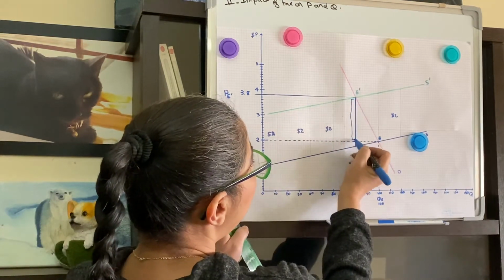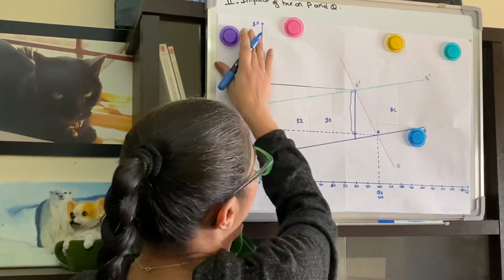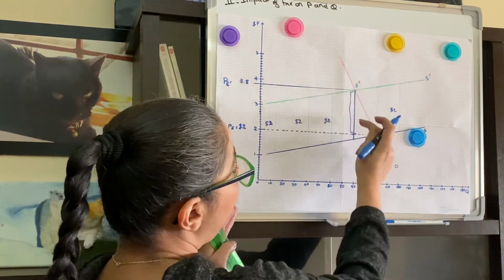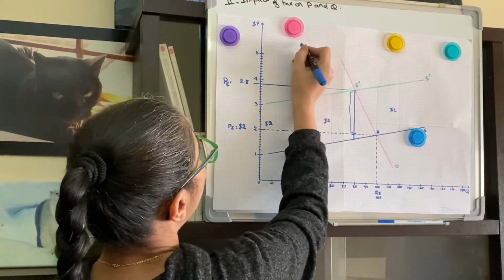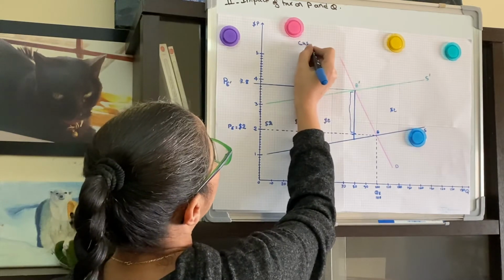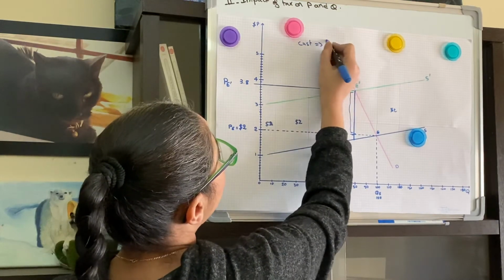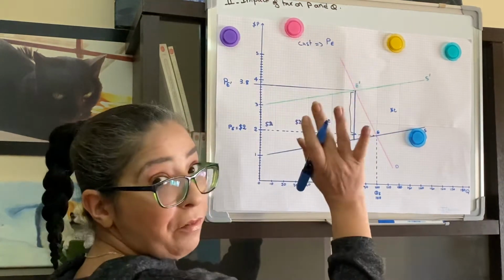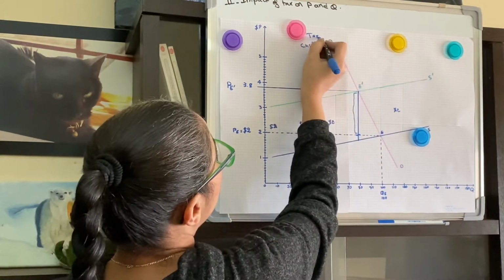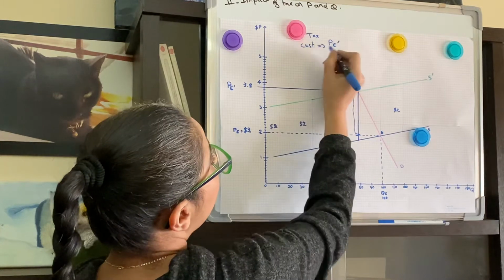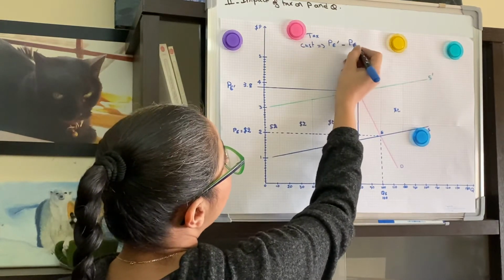So it pays this amount. This is the distance paid by the customer. It's the difference between PE prime and PE. So the customer pays PE prime minus PE of the tax.